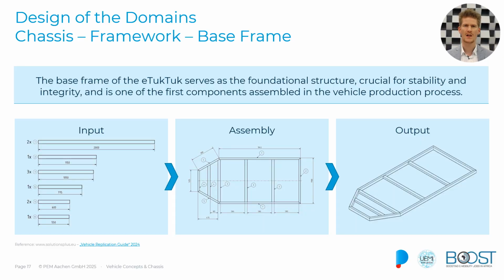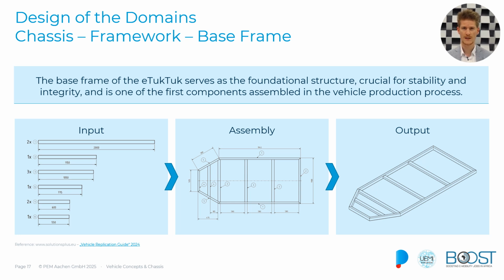Okay, so let's start with the chassis and the framework and the base frame. Now the base frame is the foundational structure, the absolute base of the electrified tuk-tuk, and it's the part that everything else will be mounted on later on.